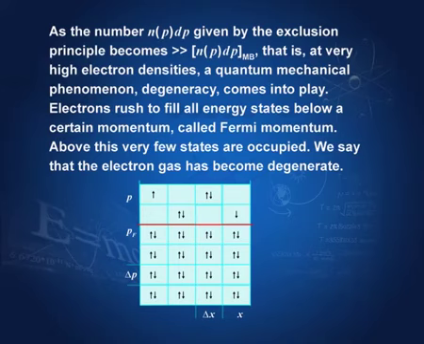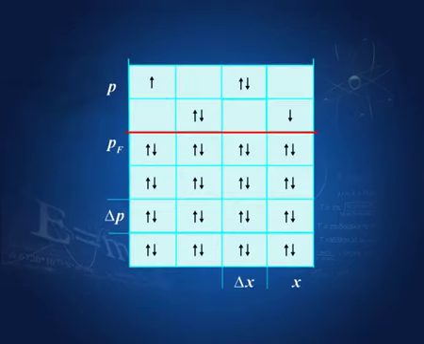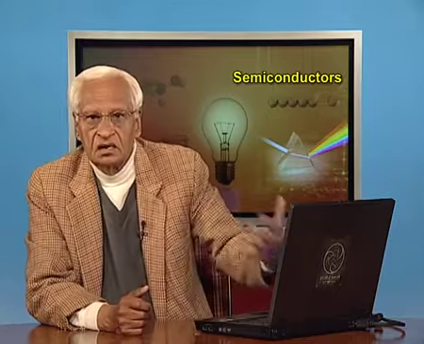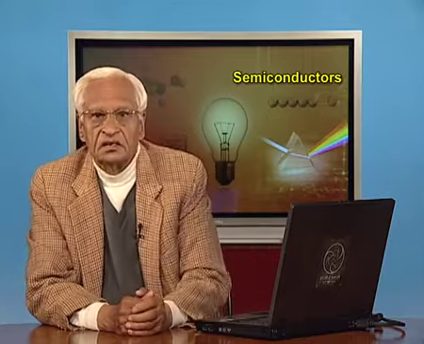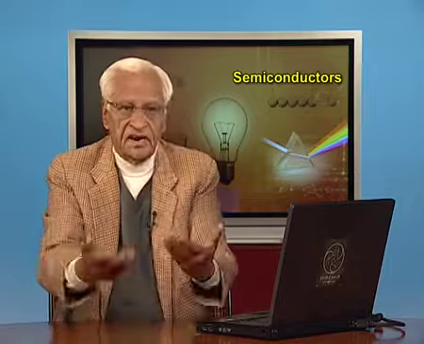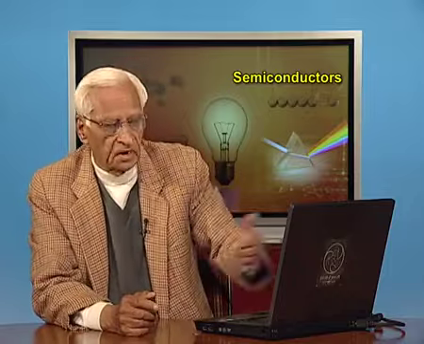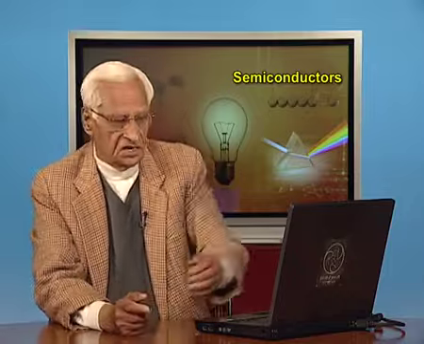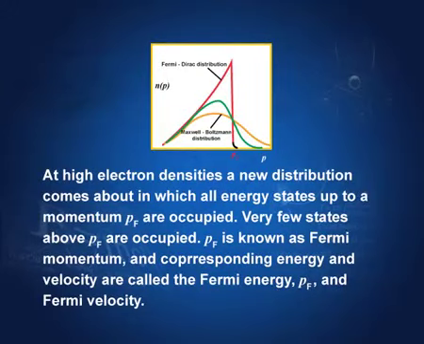This is called a degenerate gas, and the momentum of this state up to which all the states are full, all the cells are occupied, is called the Fermi momentum, and the energy corresponding to the Fermi momentum is called the Fermi energy. So, up to the Fermi energy, all states are completely full. Over this, only a few states are occupied. Here, this was the original Maxwell-Boltzmann distribution.